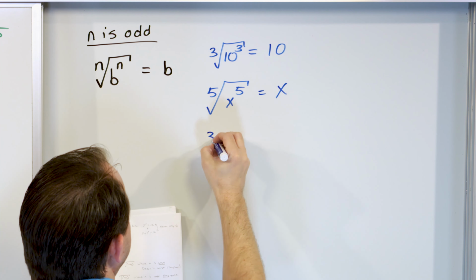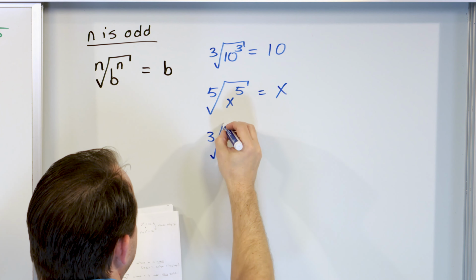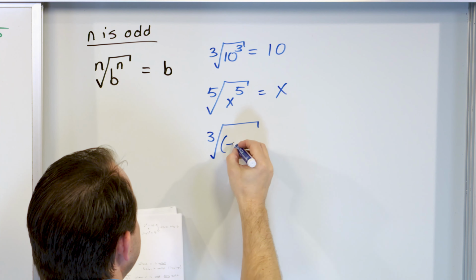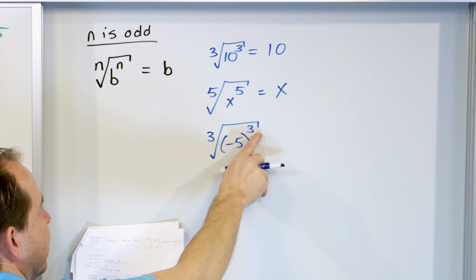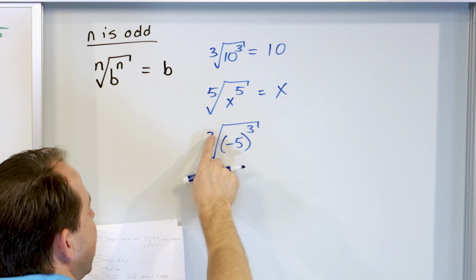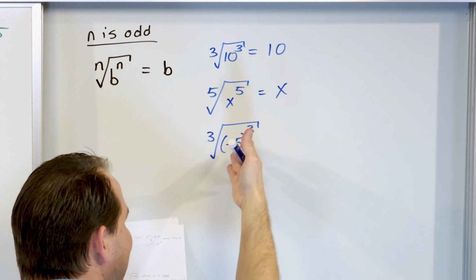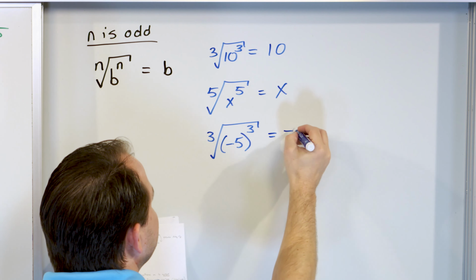For instance, if I have the cube root, again, n is odd, and over here I have negative 5 raised to the third power, the cube root and the cube will cancel, leaving me with what is underneath there.